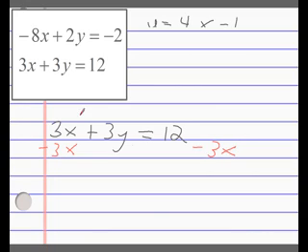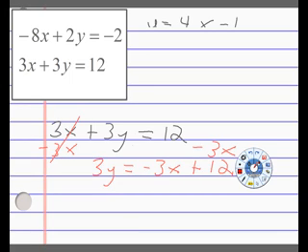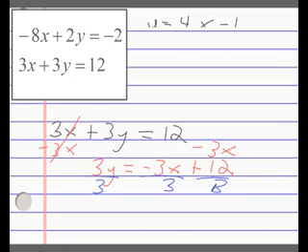So 3x minus 3x is gone. 3y equals negative 3x plus 12. And then in order to get y by itself, I'm going to divide by 3 on every term in this equation. So we get y equals negative 3 divided by 3 is negative 1 over 1x, and 12 divided by 3 is 4.